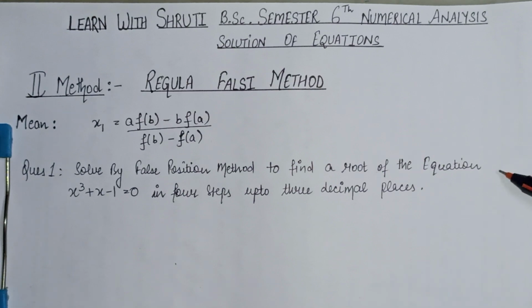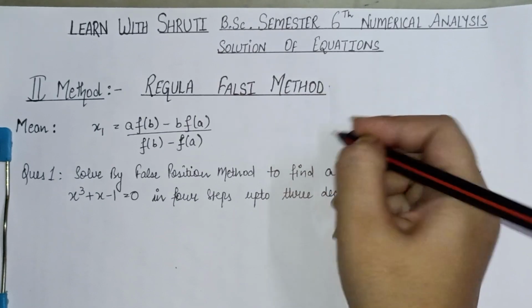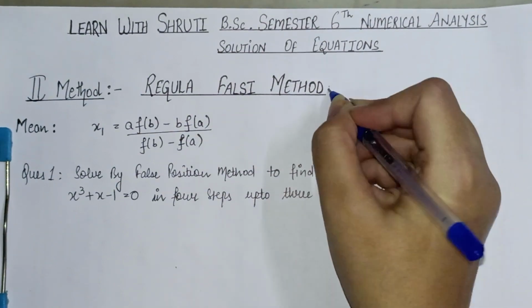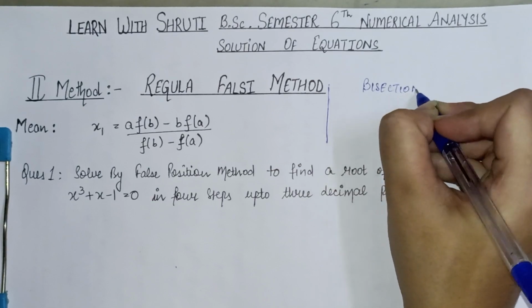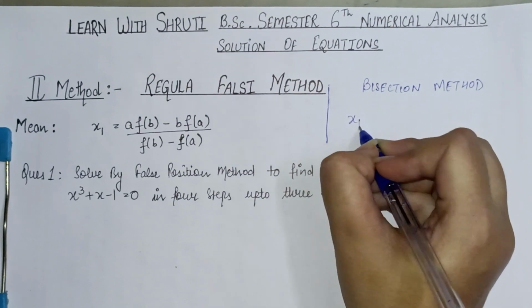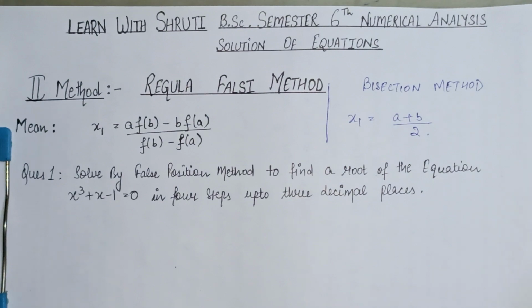जब तक हम क्वेश्चन सॉल्व नहीं करेंगे आपको पता नहीं चलेगा कि इसके बीच में क्या मेजर डिफरेंस है. The only difference, as I said, is the mean. In the bisection method, I can write for you, the mean is x1 is equal to a plus b by 2, simply as we calculate the mean in the earlier classes.